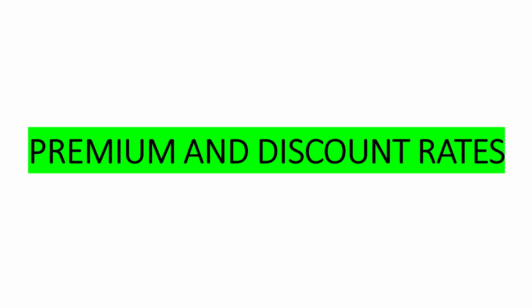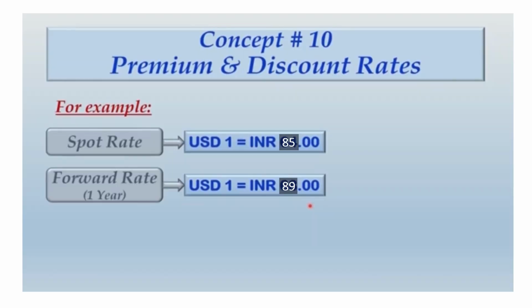Now let's move ahead and deal with the connecting concept, that is premium and discount rates. Let's begin with an example. The spot rate is given as USD 1 equal to INR 85. The forward rate is given as USD 1 equal to INR 89. Let us see what we observe from this.